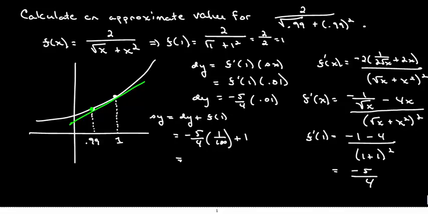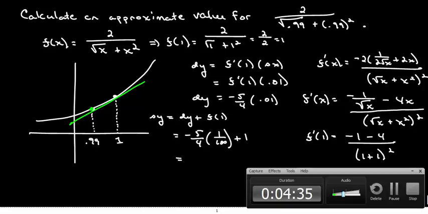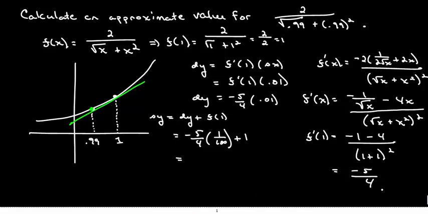Just like that. And so if we put this together, hang on one second. Actually, I've got to change something here. Our delta x, since we're going left, is negative. So this guy is going to be positive, because it's a negative times a negative.